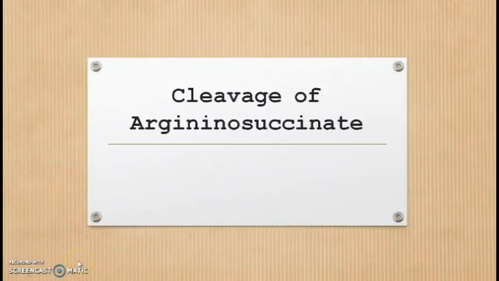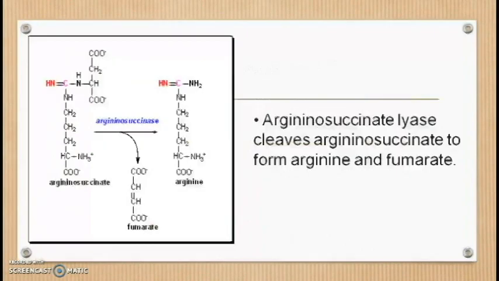Okay, now let's move on to the next step of the urea cycle, which is the cleavage of argininosuccinate. In this step, argininosuccinate is cleaved to yield fumarate and arginine by argininosuccinase or argininosuccinate lyase.